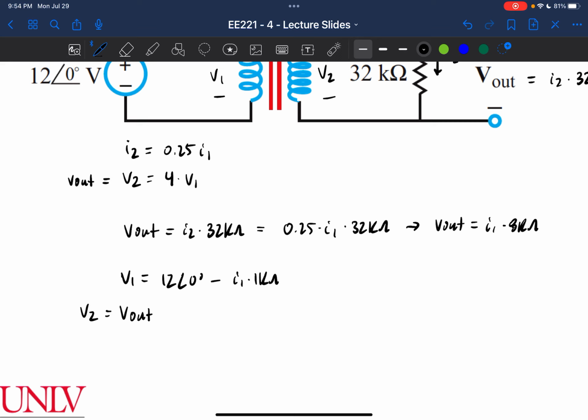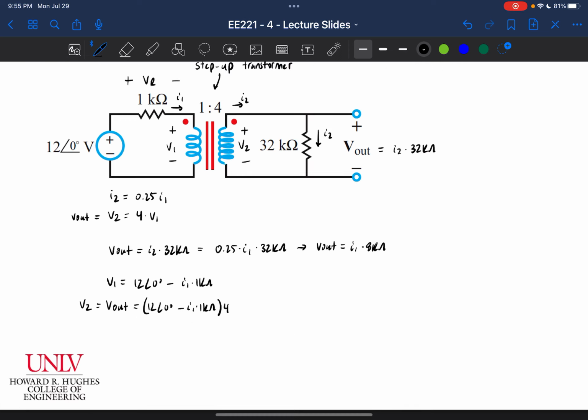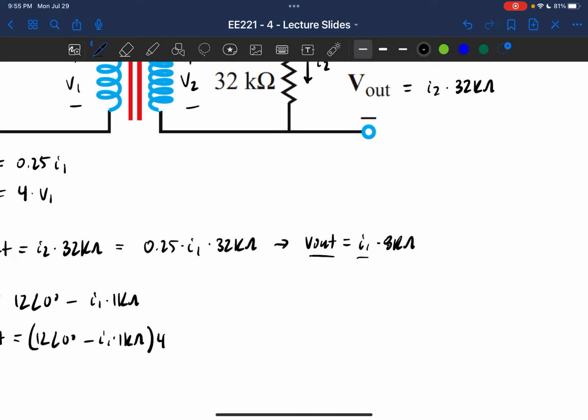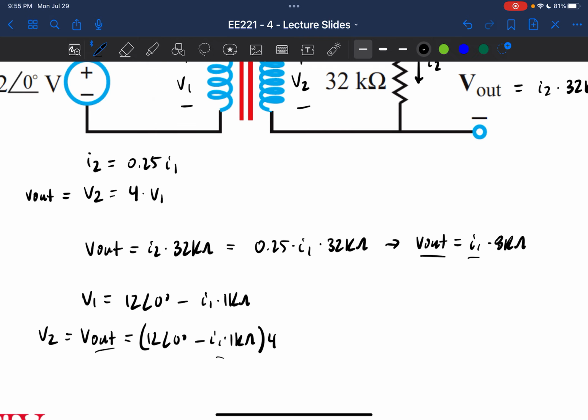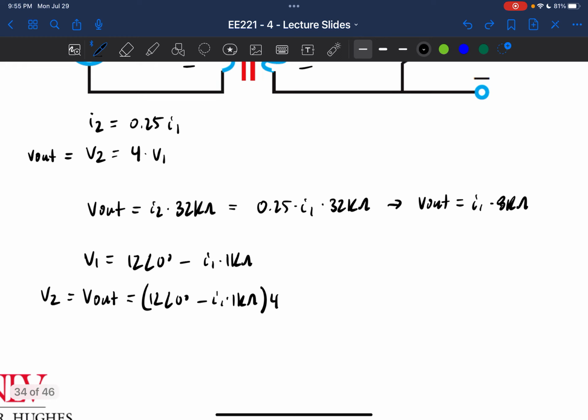It's 4 times this voltage, so it's going to be 12 angle 0 minus I1 times 1K, multiplied by 4. And so now we have an expression for V out and I1, and we have an expression for V out and I1, and we can solve this system of equations to determine our V out value.